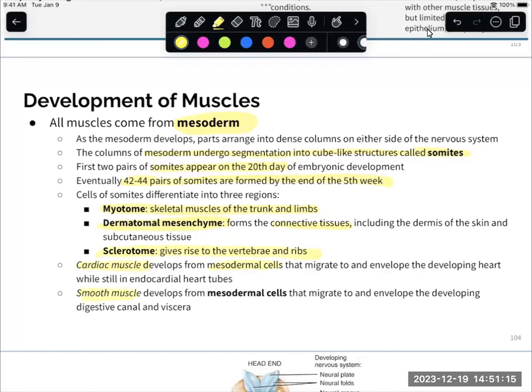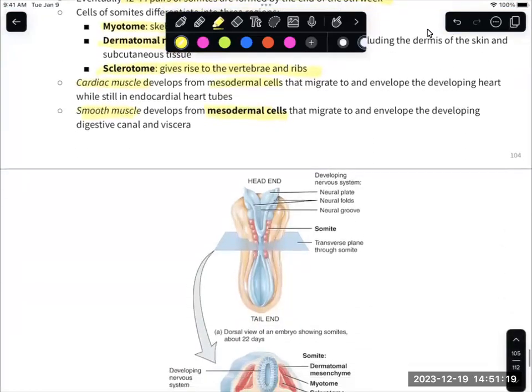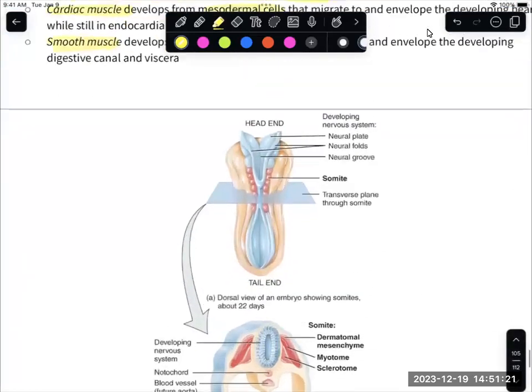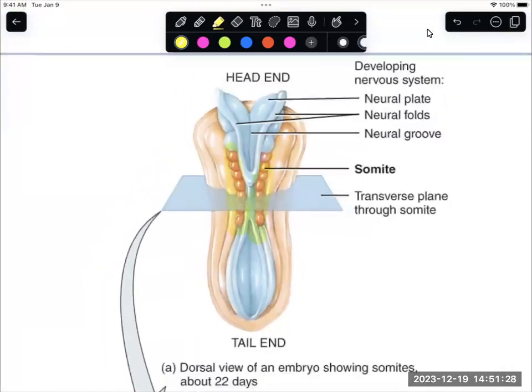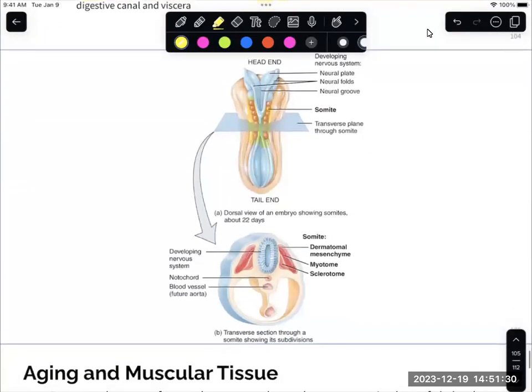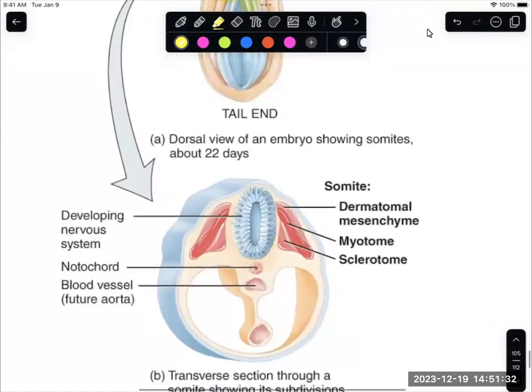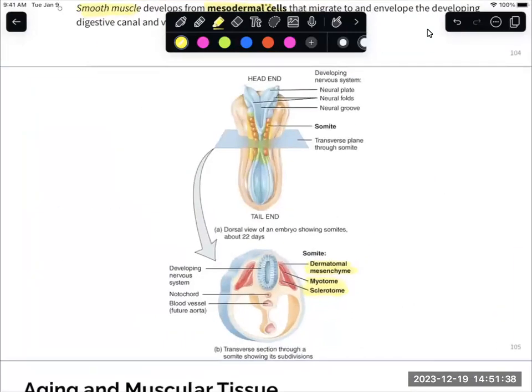Smooth muscle also comes from that mesoderm. So all muscle comes from that mesoderm. You can see all these little red circles. Those are the different somites that are developing, which are eventually going to give rise to the dermatomal mesenchyme, the myotome, and the sclerotome.